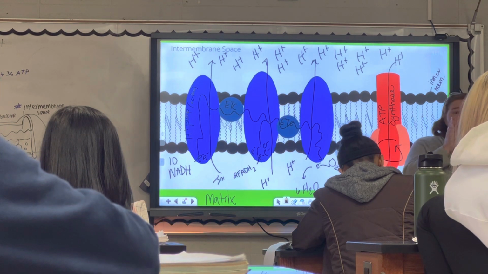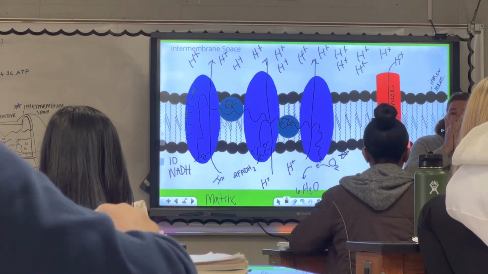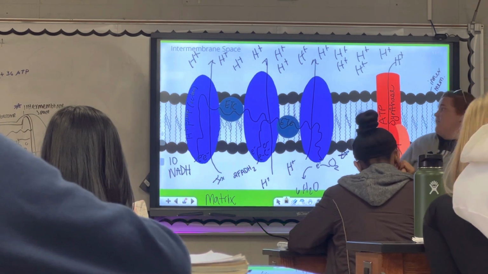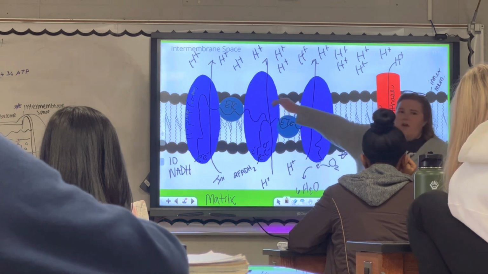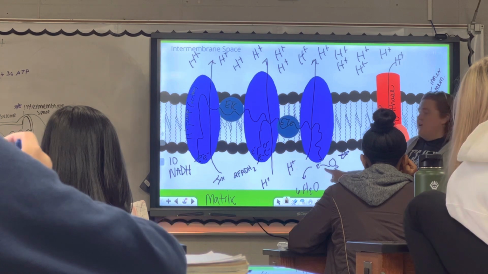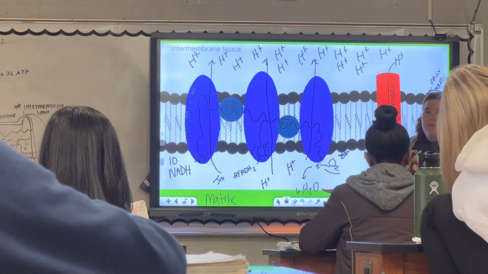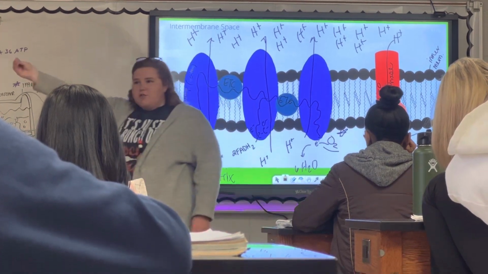What's the carrier in glycolysis? NADH. Then NADH comes here and drops off electrons. What's the final thing to pick up electrons? Oxygen. And what's the final thing we make? Water. So in photosynthesis and cellular respiration in plants, electrons start in water and they end in water. Mind blown.